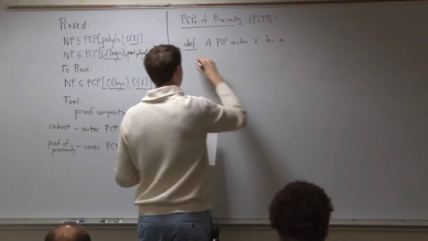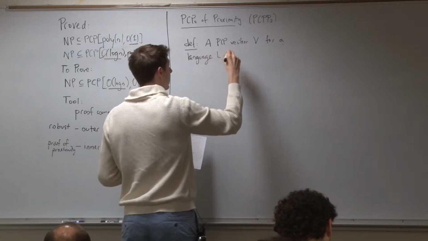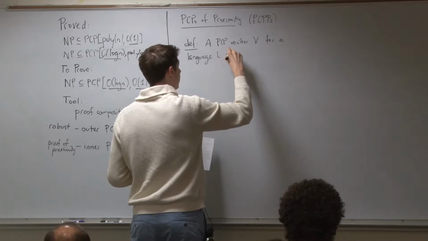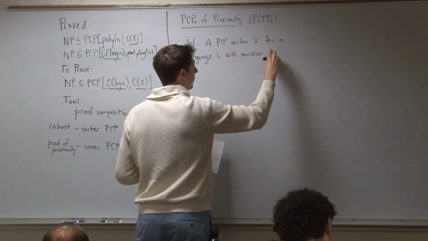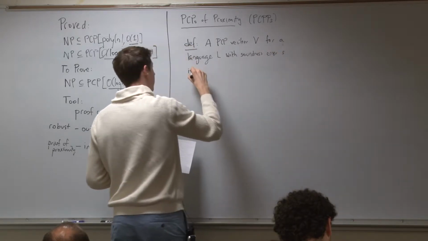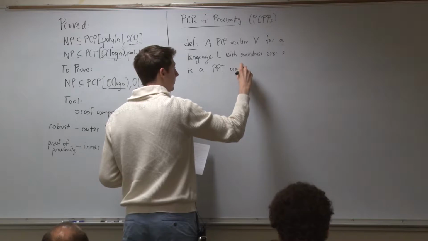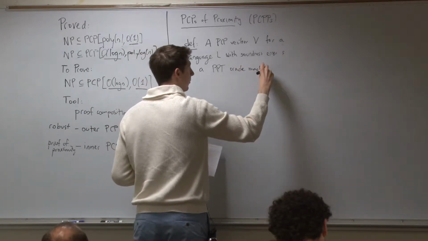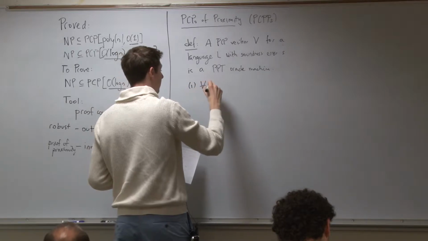for a language L with soundness error s is a probabilistic polynomial time oracle machine where we have the usual properties of completeness and soundness.